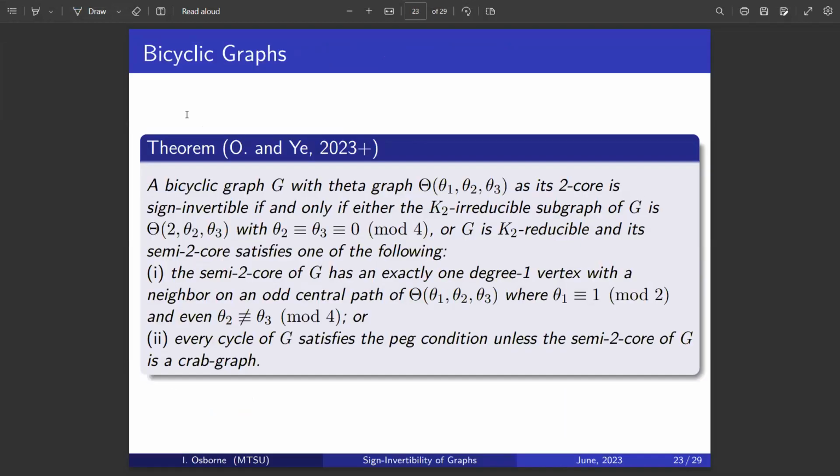Okay. So moving on to the theta graphs. The theta graphs are a much more complicated part of the bicyclic graphs compared to the other families of bicyclic graphs, like the barbell, because they have the ability to have 3 perfect matchings.